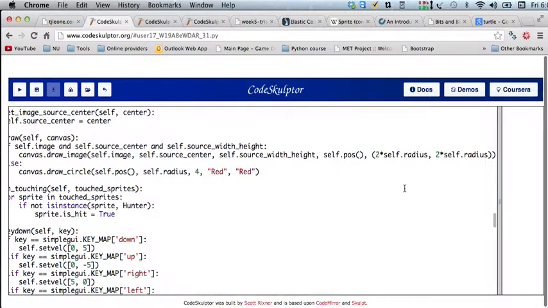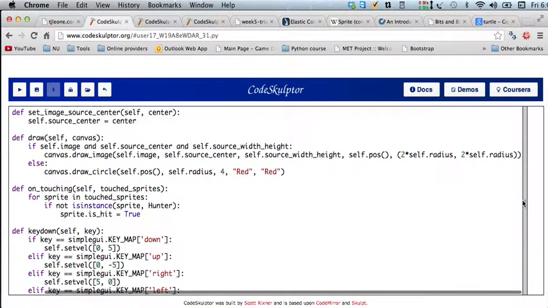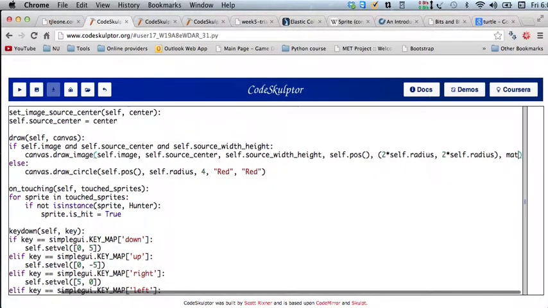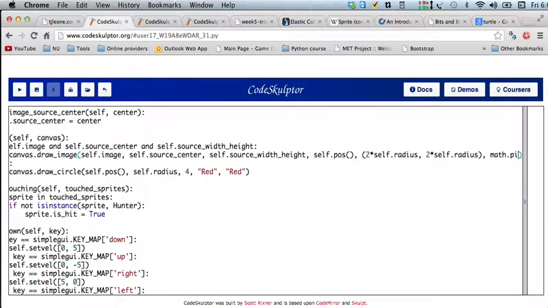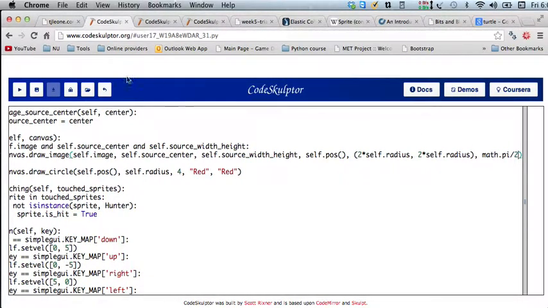So let's see what happens if we rotate him by, because we can add another parameter in for rotation. What if we rotate him by math.pi over 2? So that's 90 degrees.